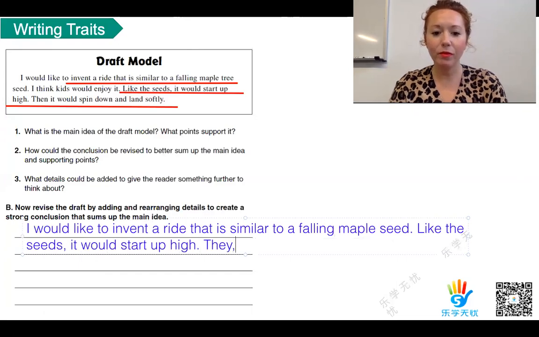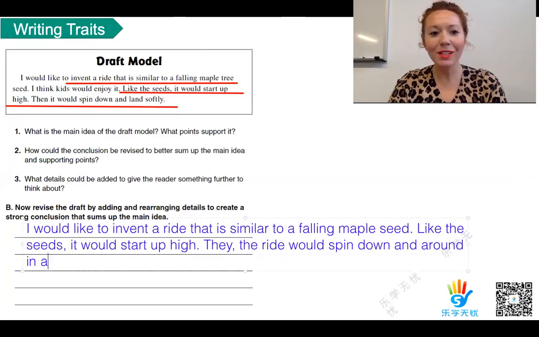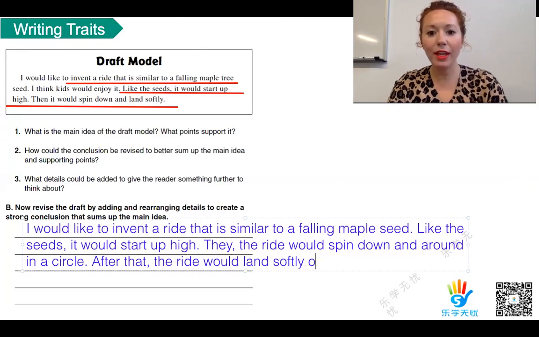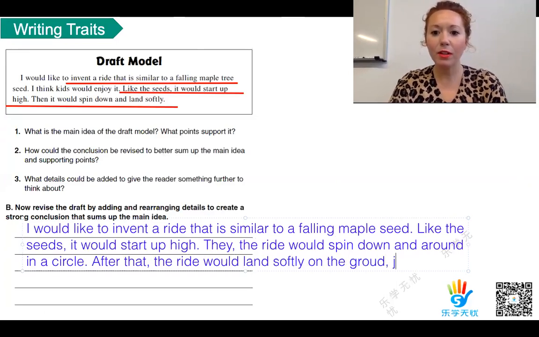Then the ride would spin down and around in a circle. After that, the ride would land softly on the ground, just like the maple seed. I think kids would enjoy it.